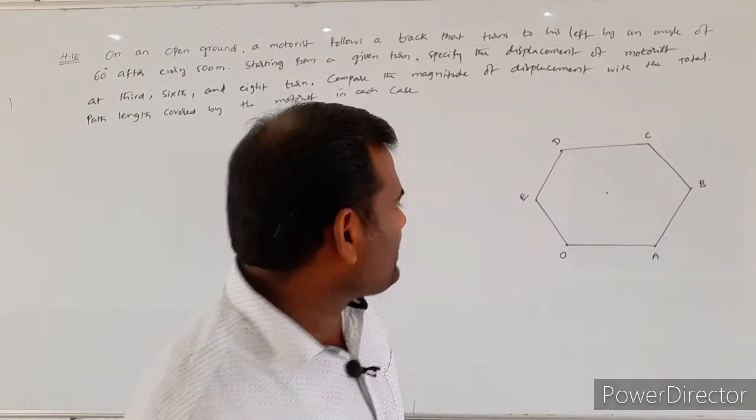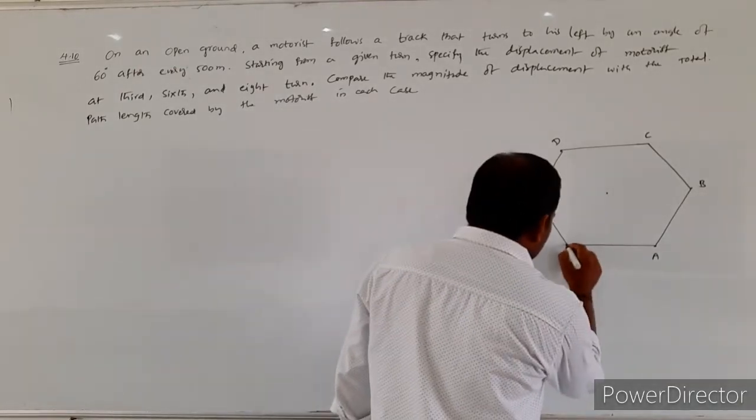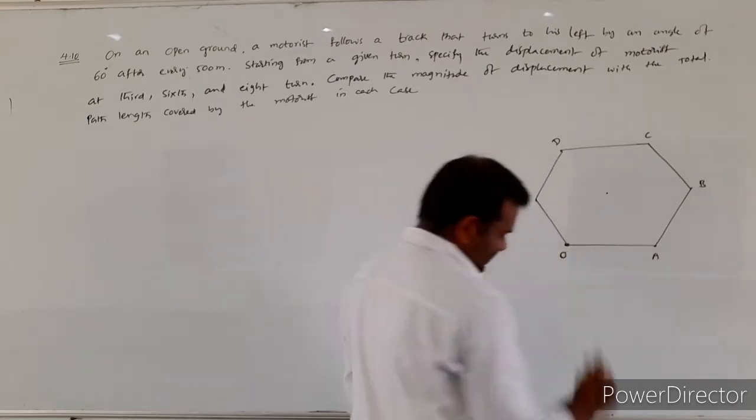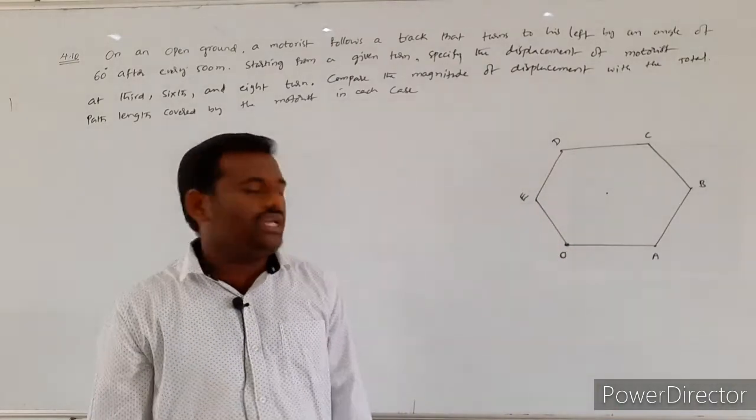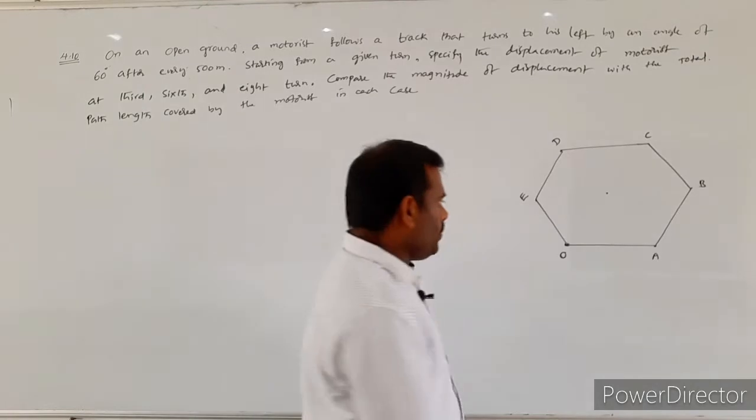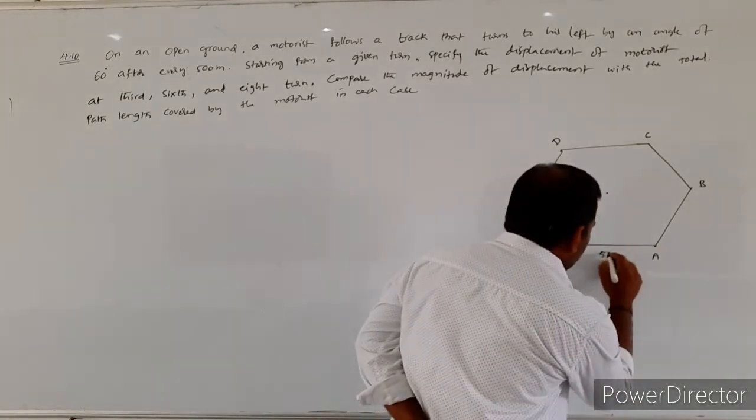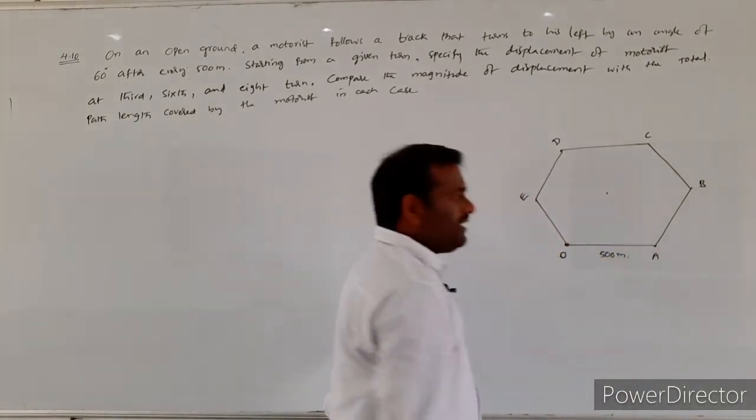See here, I am assuming that the person will be starting from the point O. From the point O, in the direction of O to A, he travelled 500 meters.